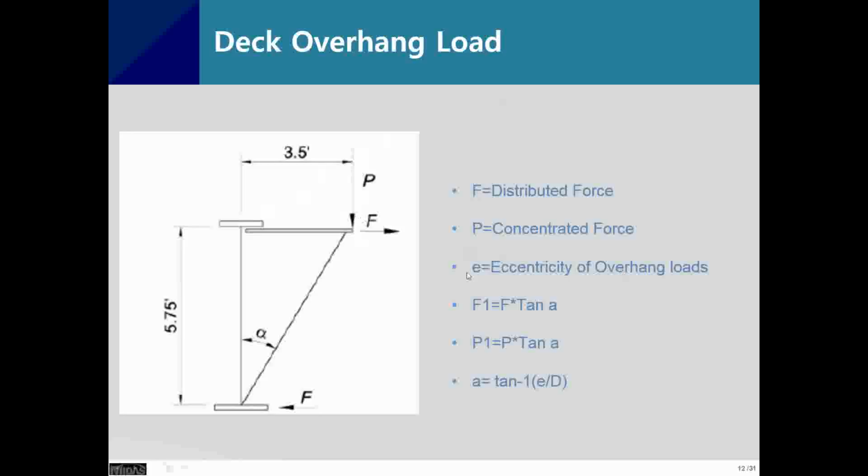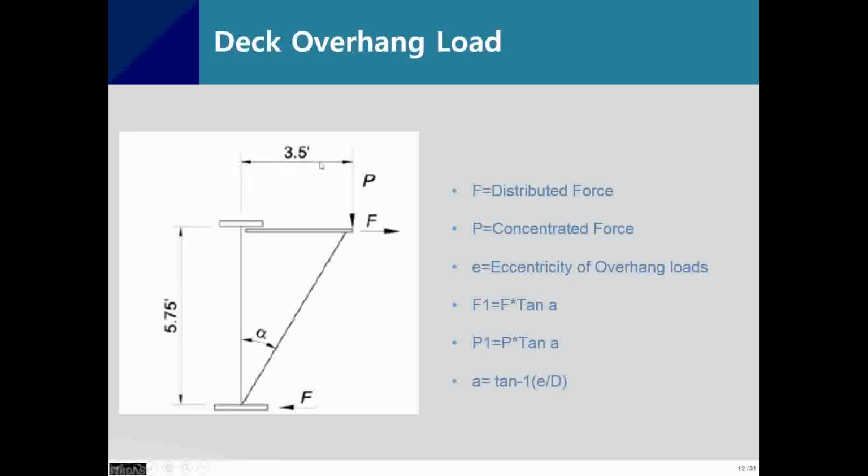And also you have to tell the program the eccentricity of the overhang load. And you can see the angle alpha on here, but the web height is already defined in the section properties.